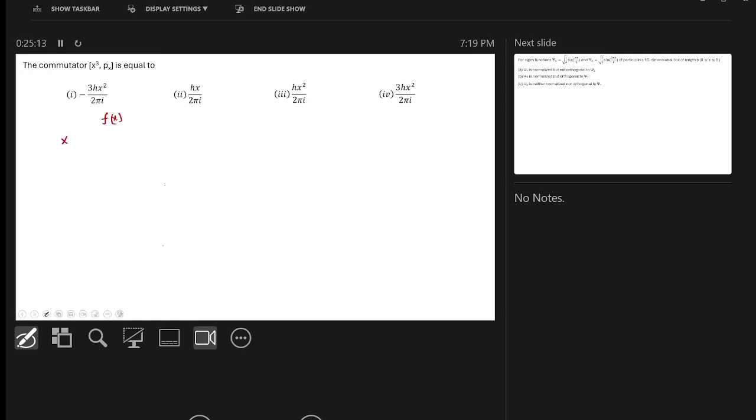The commutator can be defined as x cube px minus px x cube, and px we know is minus i h cross d by dx.